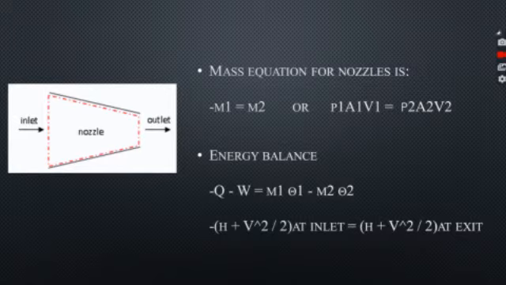The energy balance equation is Q minus W equal to M1 times theta 1 minus M2 times theta 2, or H plus V square over 2 at inlet equal to H plus V square over 2 at the exit.